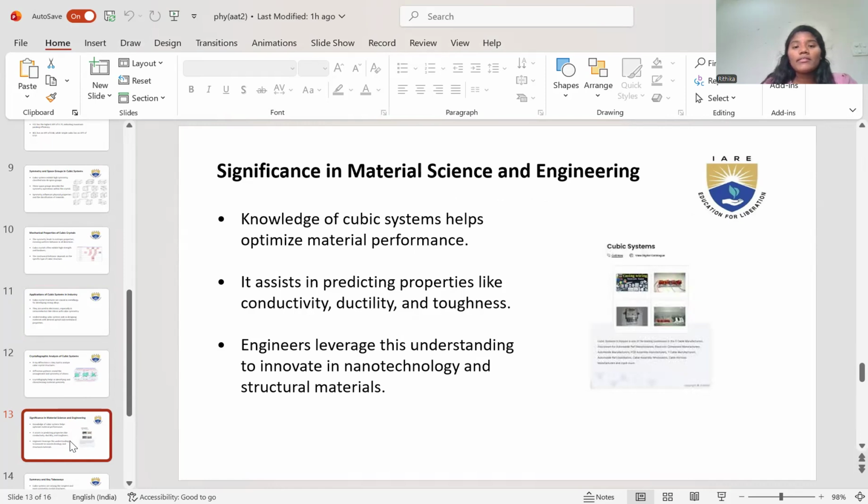Significance in material science and engineering: knowledge of cubic systems helps optimize material performance. It assists in predicting properties like conductivity, ductility, and toughness. Engineers utilize this understanding in nanotechnology and structural materials.